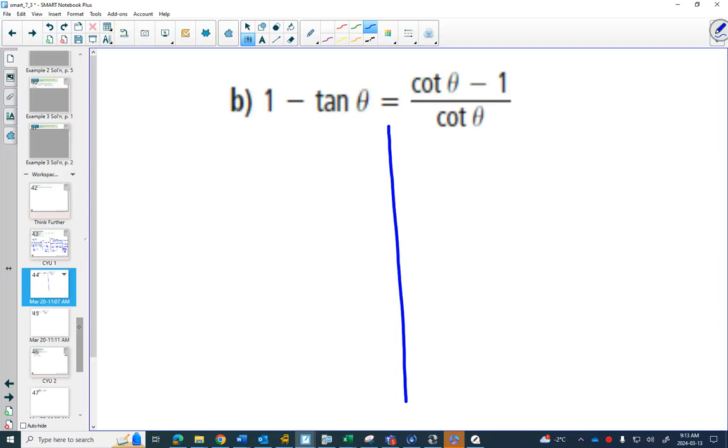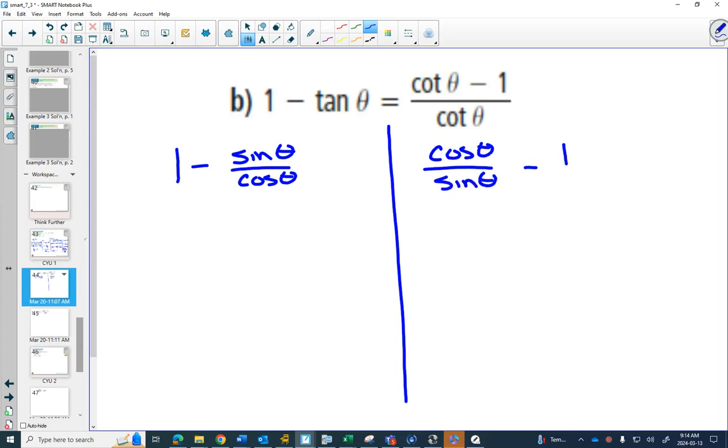So you're like, okay, I can change everything to sine and cosine. So that would look like this. This is not necessarily the fastest strategy, but the fastest strategy doesn't matter so much as you might like it better. If you changed everything to sine and cosine, this is what the first step would look like.